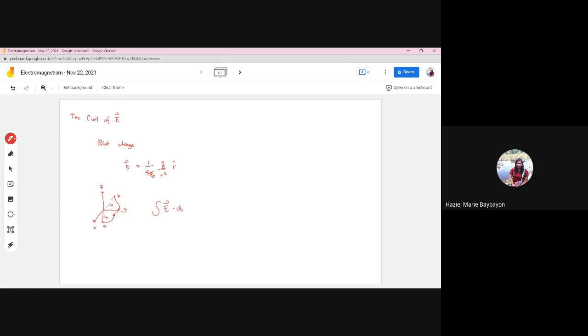We have E dot dl. So this is the line integral of the electric field.